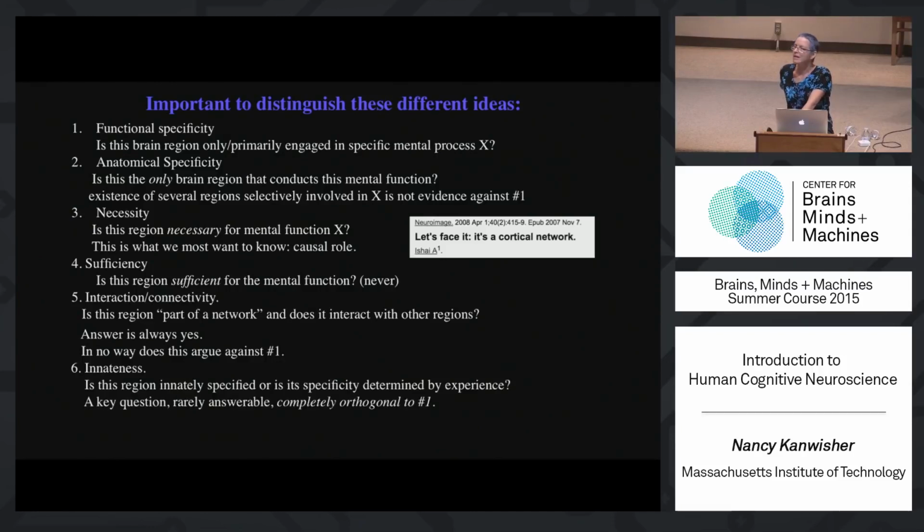Okay, so just to remind you that functional specificity is a different question from innateness, and one way you can see that very clearly is to consider the case of the visual word form area, about which I'll show you some data in a moment. The visual word form area responds selectively to words and letter strings in an orthography you know, not an orthography you don't know. It's very anatomically stereotyped. Mine is approximately right there, and so is yours in your brain.